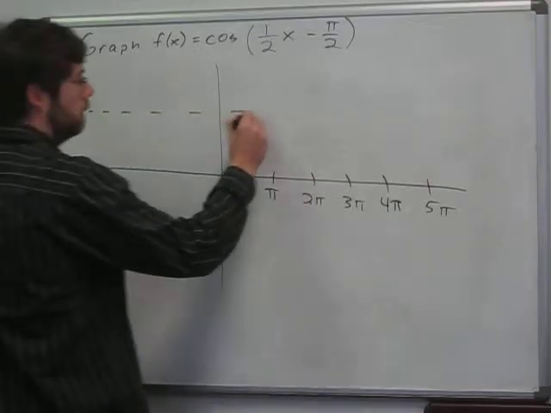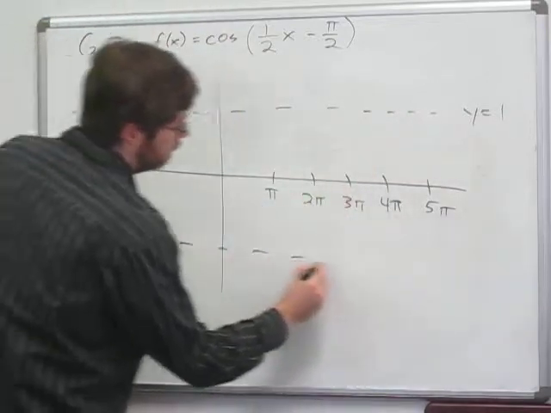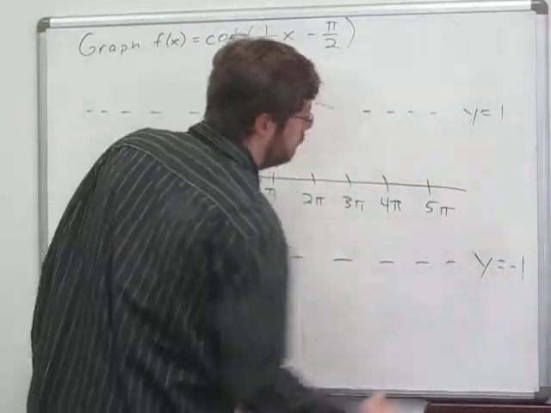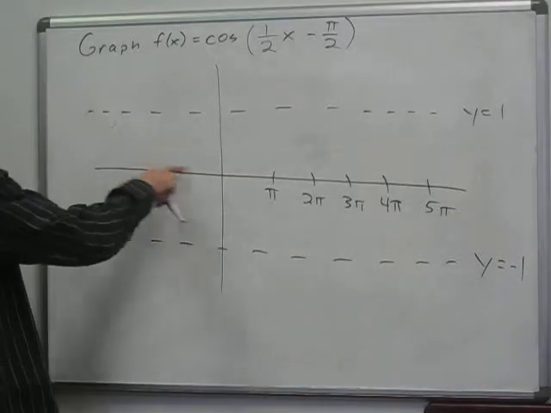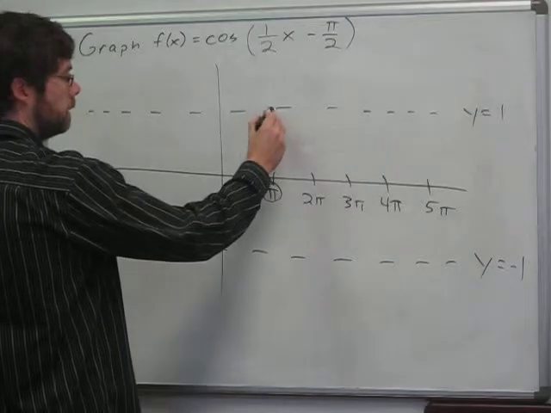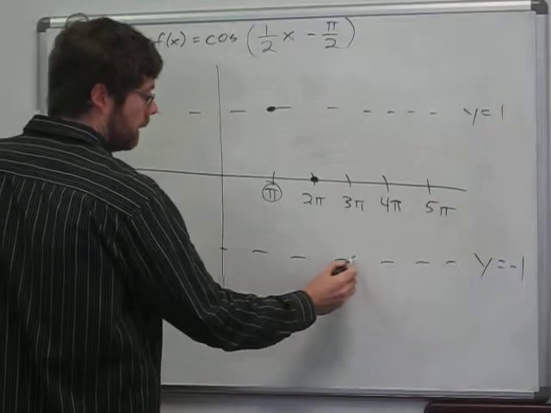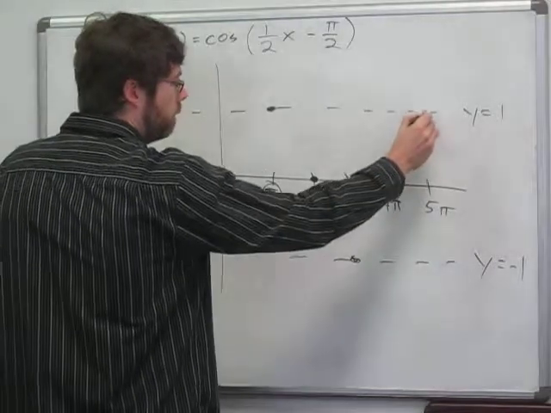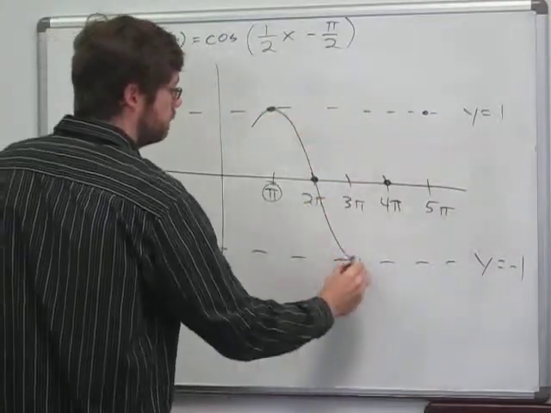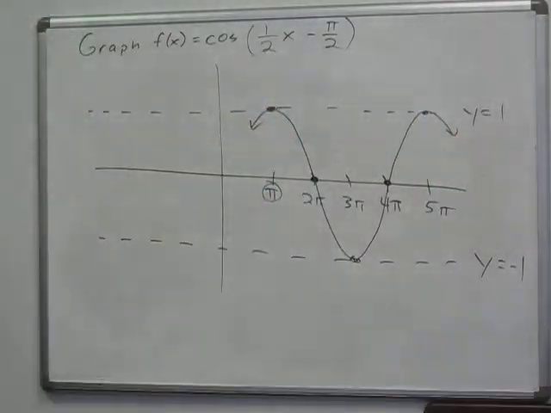I'll put in the amplitude lines. And now, since my phase shift was pi, my first cycle starts there. So I'll start up at 1, at pi, down to 0, down to -1, and back up. So there we have one cycle of this cosine curve, and of course that cycle continues or repeats in both directions.